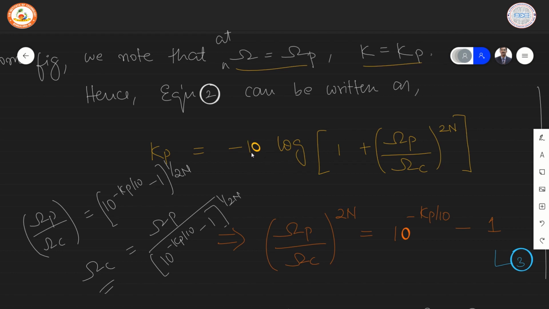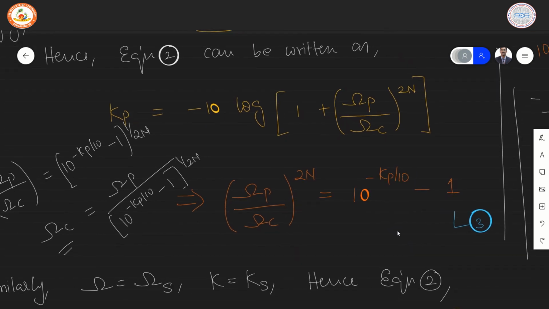First, you bring the minus 10 to the denominator position. Then you take anti-log of that quantity. Anti-log of that quantity will become 10 to the power of minus Kp by 10. The anti-log will eliminate the log. So once eliminated, you have the simple term 1 plus (ωp by ωc) to the power of 2n. Since we require (ωp by ωc) to the power of 2n, the value 1, when it is shifted to the other side, becomes minus 1. So these are the simplification steps which can be easily used to arrive at equation 3.